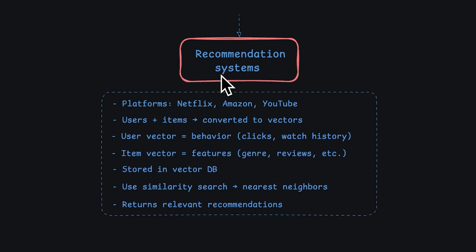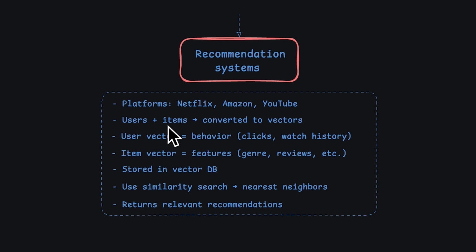Vector databases are used to power these recommendation systems, which you might have seen on popular platforms like Netflix, Amazon, or YouTube. All those recommendation systems that you see on these platforms are actually powered by vector databases.